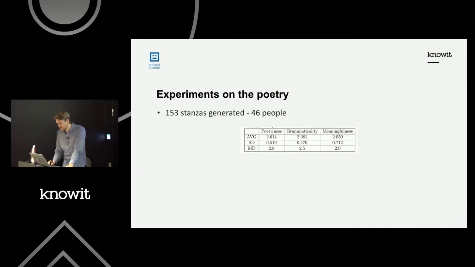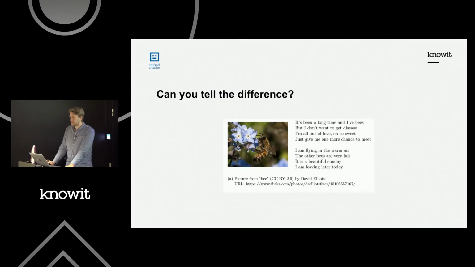The other one was that I gave some people the image and asked them to write a poem for me in the exact same format as my system generated it. And then I asked the participants in the survey if they could tell the difference, which one is the human-generated poem and which one is the system-generated one.